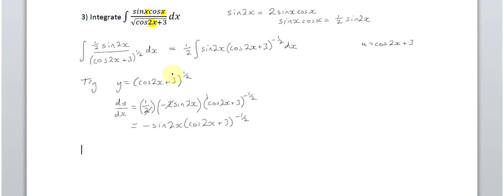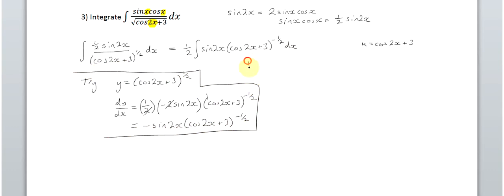So all we really need to do is box that lot off and indulge in a brief arrow here, so that equals a negative half times cos 2x plus 3 to the power of a half, plus c, of course.